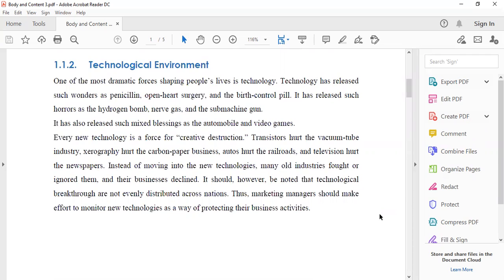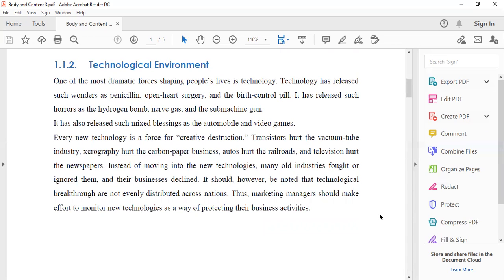Take for instance, with the coming of personal computers, typewriters became redundant. I could imagine that if the manufacturers of manual typewriters at the time saw what was coming, maybe they would have shifted their investment to the personal computers.